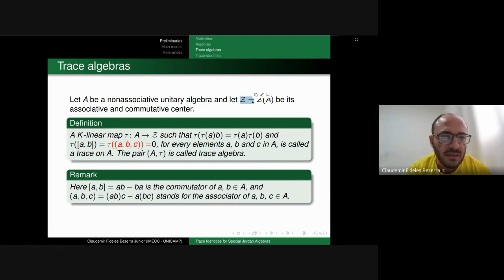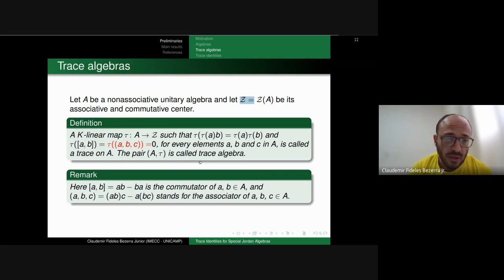In this case, K-linear maps denoted by tau from A to its center that satisfy this property and this property are called a trace on algebra A. The pair A and tau is called a trace algebra for us.